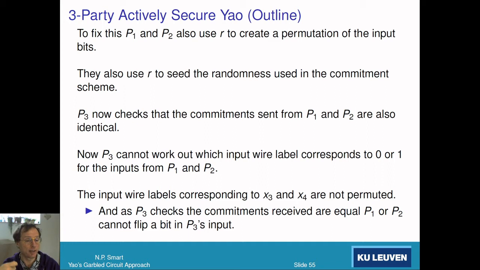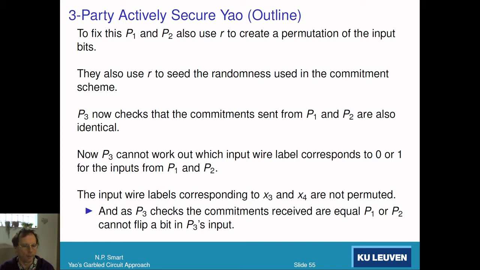So now P3 is going to get commitments in a random order, but the random order will be the same for the commitments sent from P1 and the commitments sent from P2. If the commitments are randomized using the same string, then the commitments are equal. So P3 can check whether everything that P1 and P2 have done is the same.